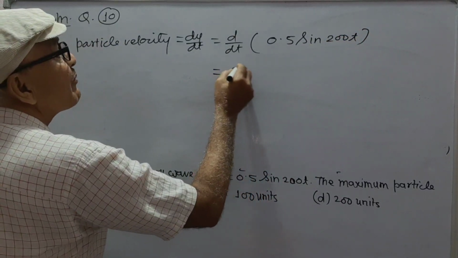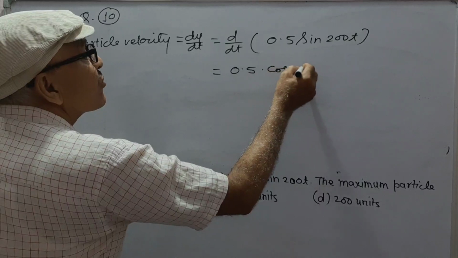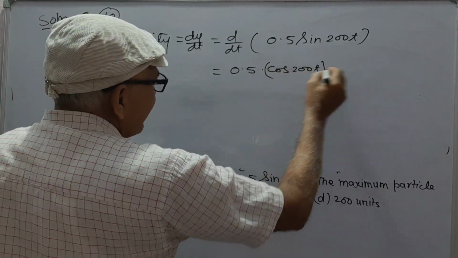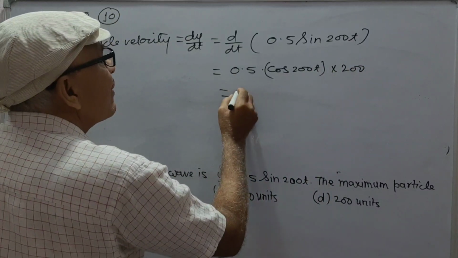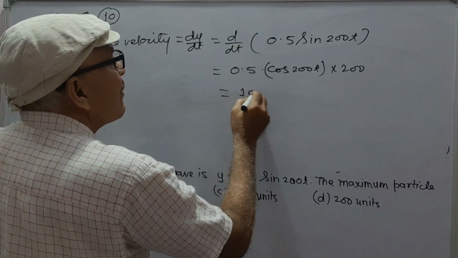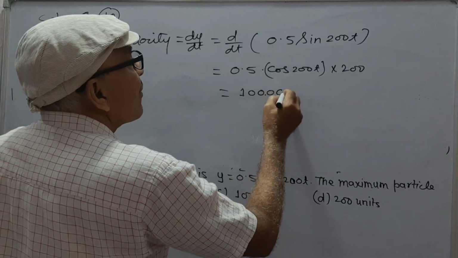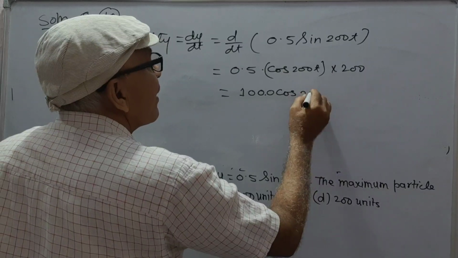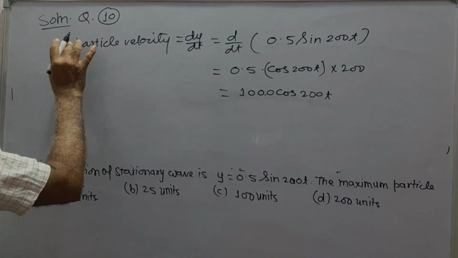So it will be 0.5 into cos 200 t into 200, which is 100 cos 200 t. Suppose this is u.